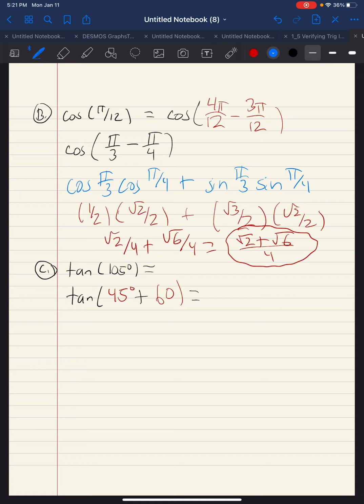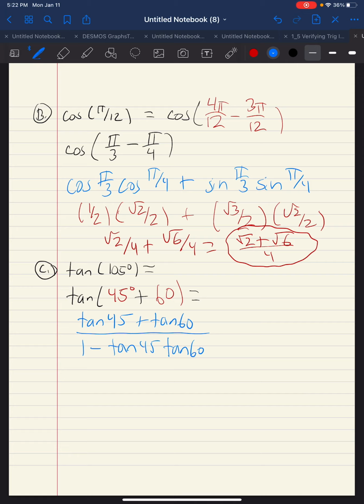And now we're going to use the sum and difference formula. We know for this one it is tan A plus tan B divided by 1 minus tan A times tan B. So we can do tan A, which is tan of 45, plus tan B, which is tan of 60. And then we get 1 minus tan of A, which is 45 degrees, times tan of B, which is tan 60 degrees.